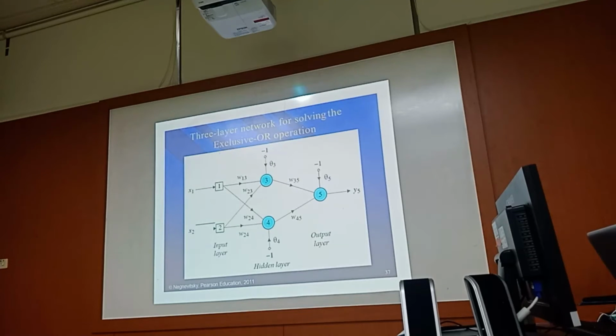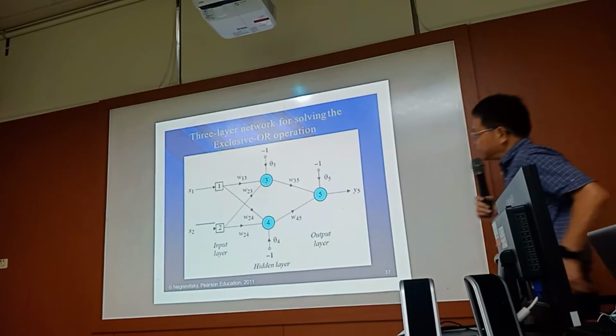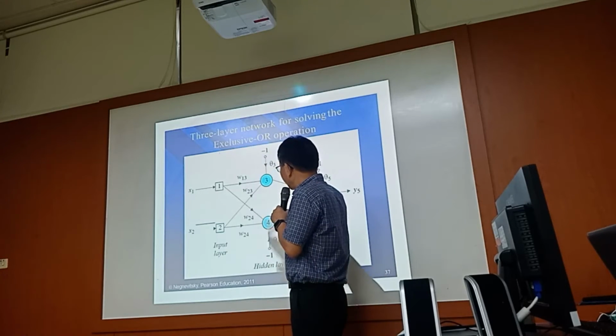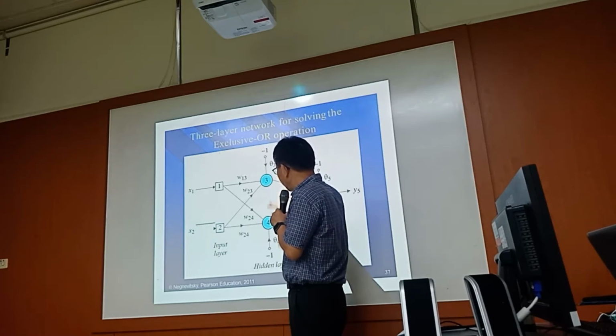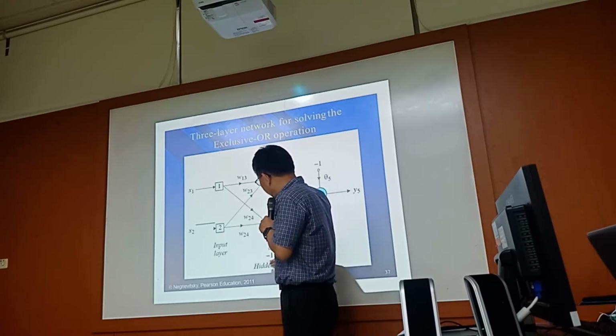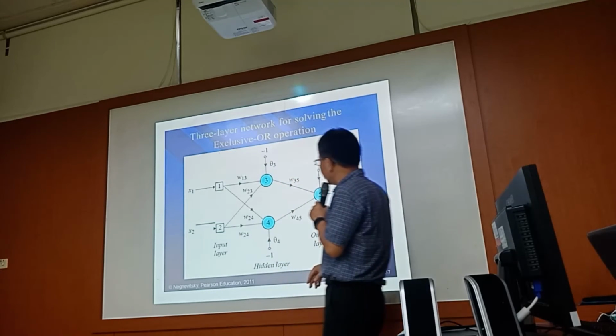Okay, and finally, after training, he said that this one can solve the inclusive OR. A 3-layer neural network can also solve the XOR problem. This is like the perceptron, but he defined many different threshold values, theta 3 and theta 4, as input to the system.